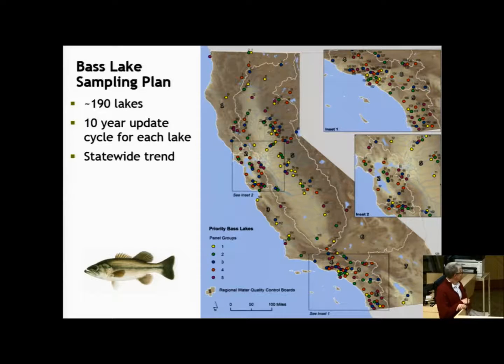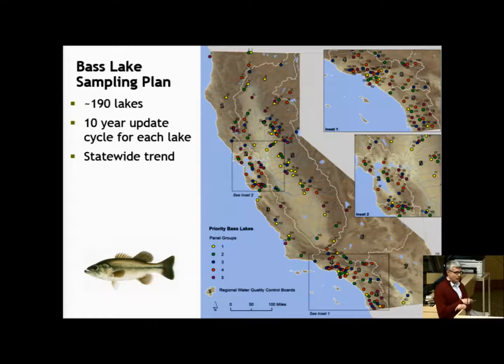I mentioned that we've got a long-term plan for monitoring these bass lakes, this important category of water body. We've identified about 190 of them, and we've come up with a plan for providing updated information for each lake on a 10-year cycle so that we can track the status of these water bodies.